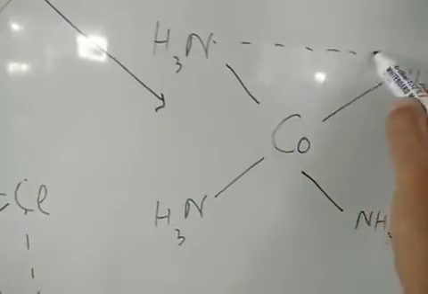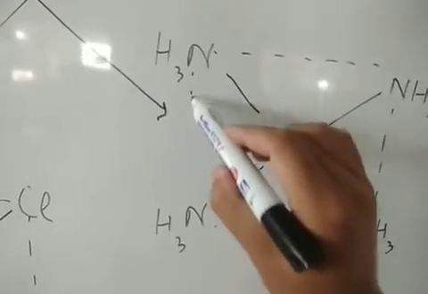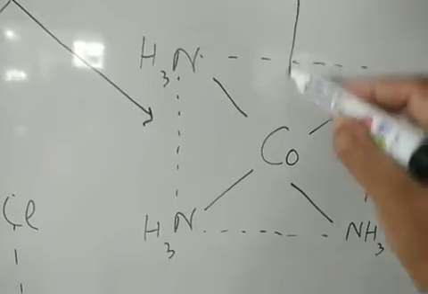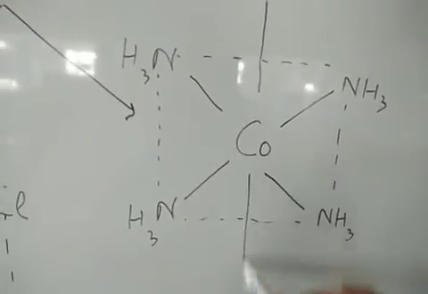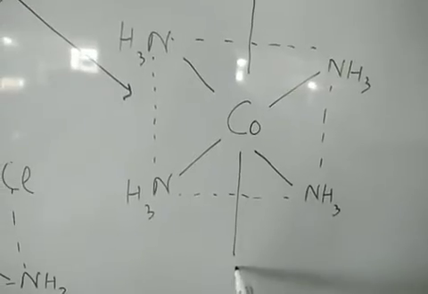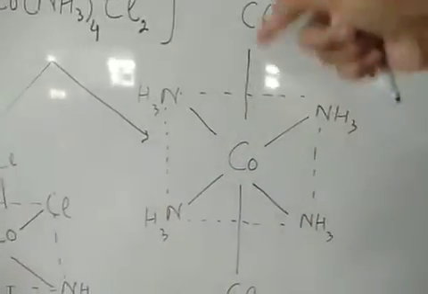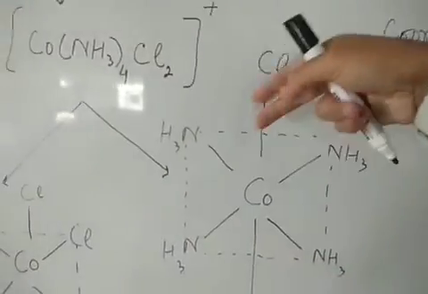So these are the 4 on the plane. That makes your square plane type structure, and then 1 above and then 1 below. So above there, now we have a chloride ligand, and this is a chloride ligand. So you could see that these are on the opposite side. So the similar ligands are on the opposite side, these two.